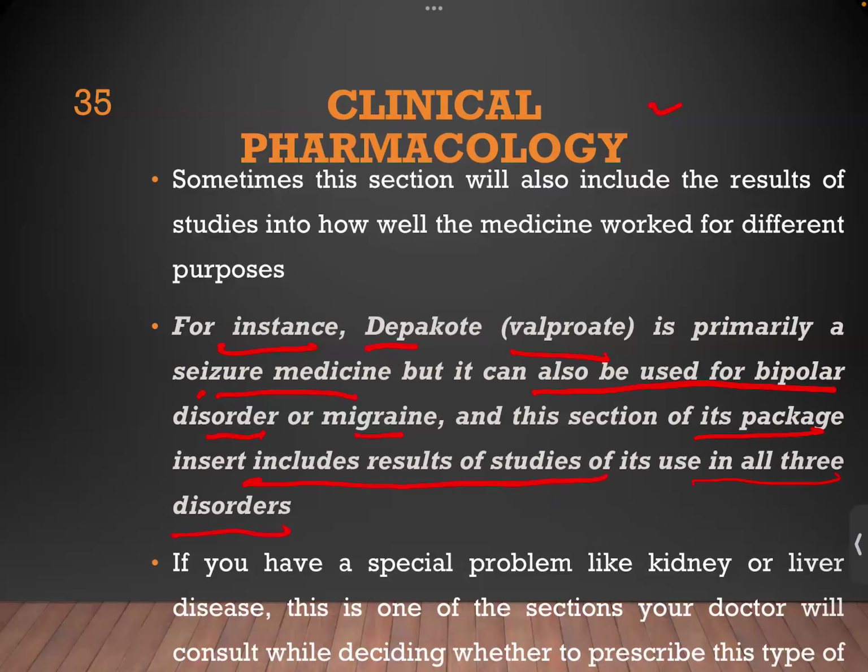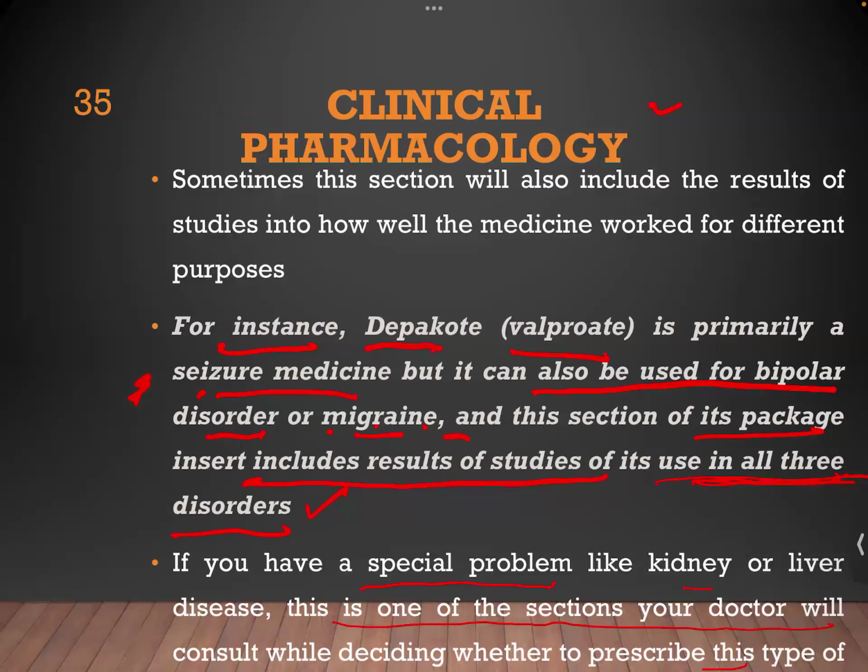Because the drug is primarily for seizures, but it can also be used for all these other indications, they need to include all the data for this claim. If you have a special problem like kidney or liver disease, your doctor will consult this section when deciding whether to prescribe it to you or not. That's why sometimes doctors ask you a lot of questions in detail so that they can understand.